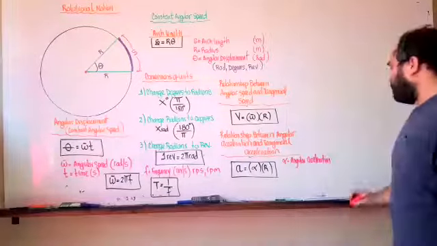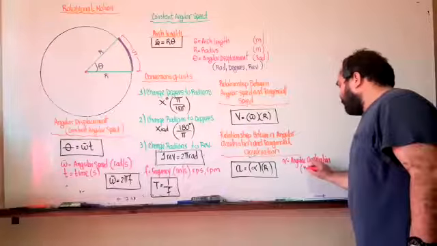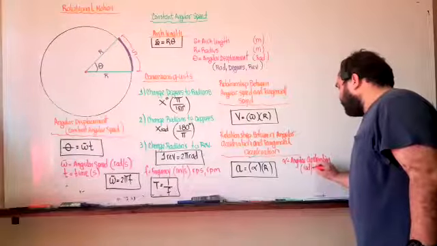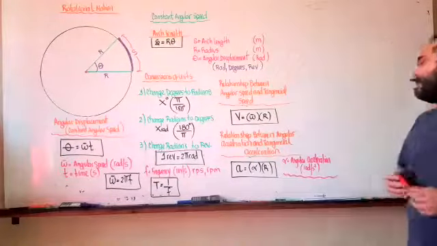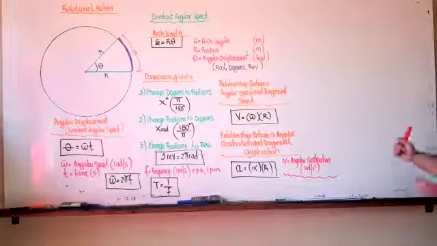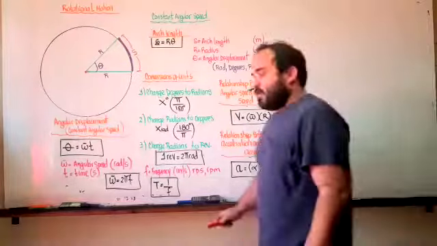Angular acceleration is given in radians per second squared. All right. This is when we have some kind of acceleration.